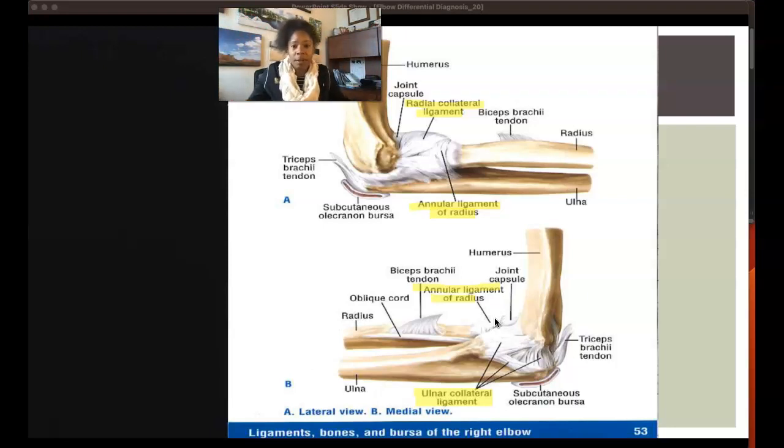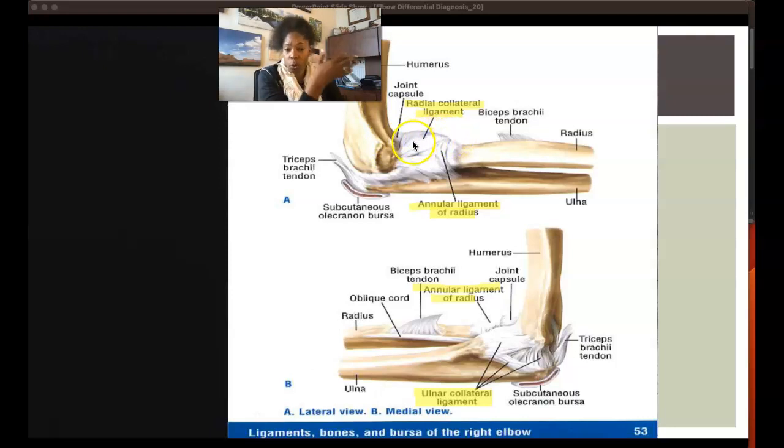And then on the upper image, what we have is the radial collateral ligament. The radial collateral ligament is one bundle in particular. It's this bundle here. As you can see, it has an attachment to the lateral epicondyle and then comes down and attaches to the most proximal portion of the radius.